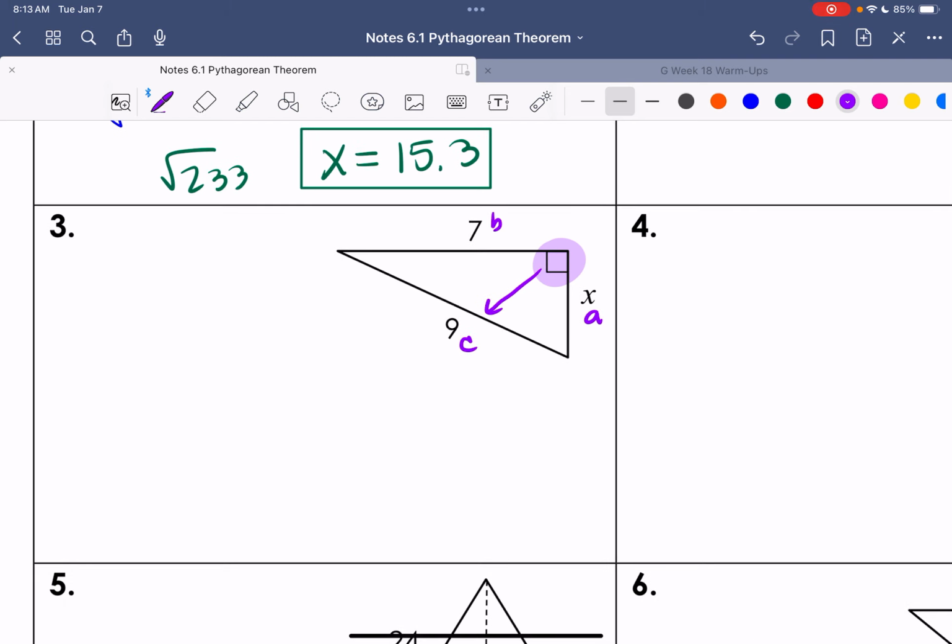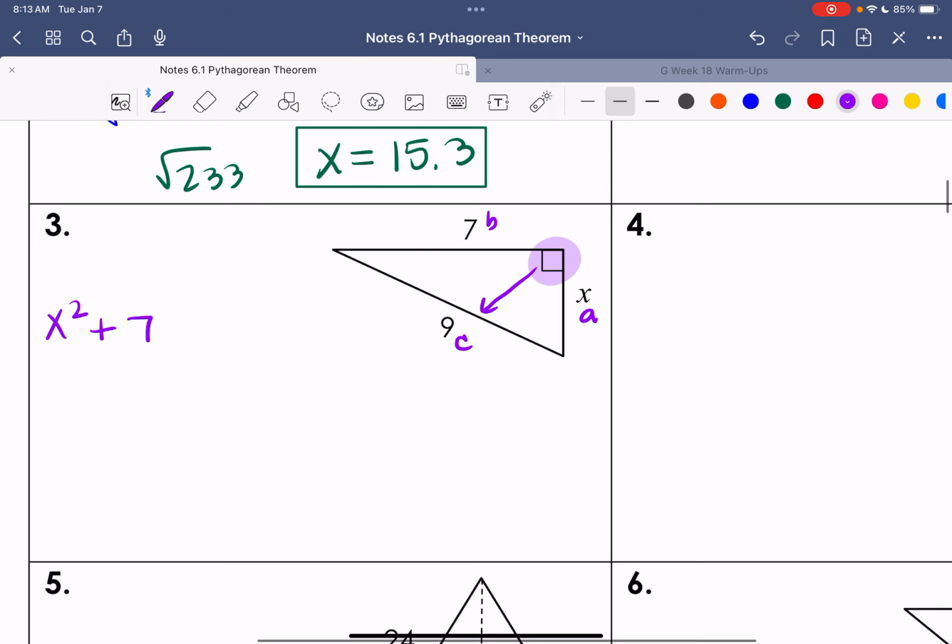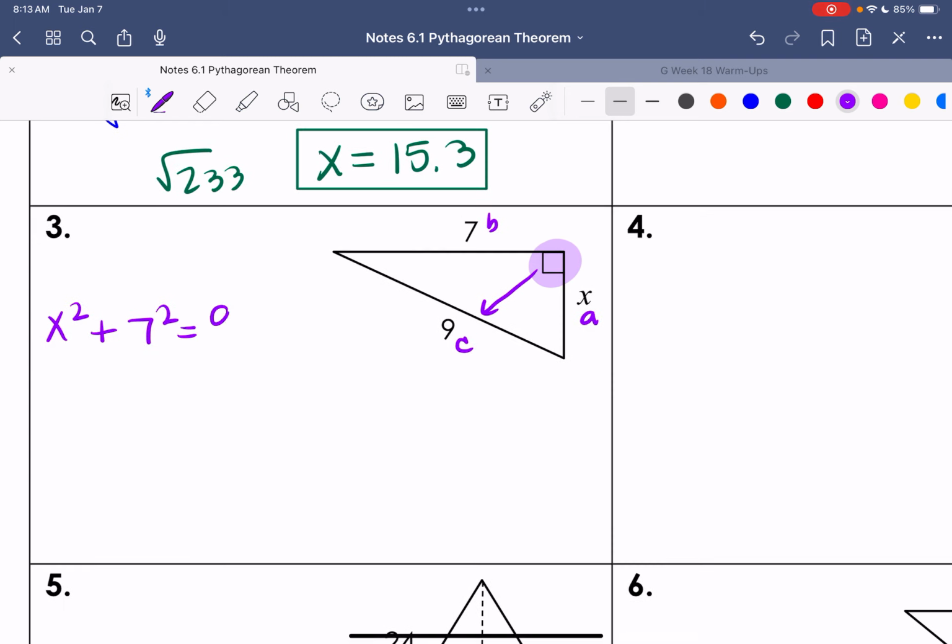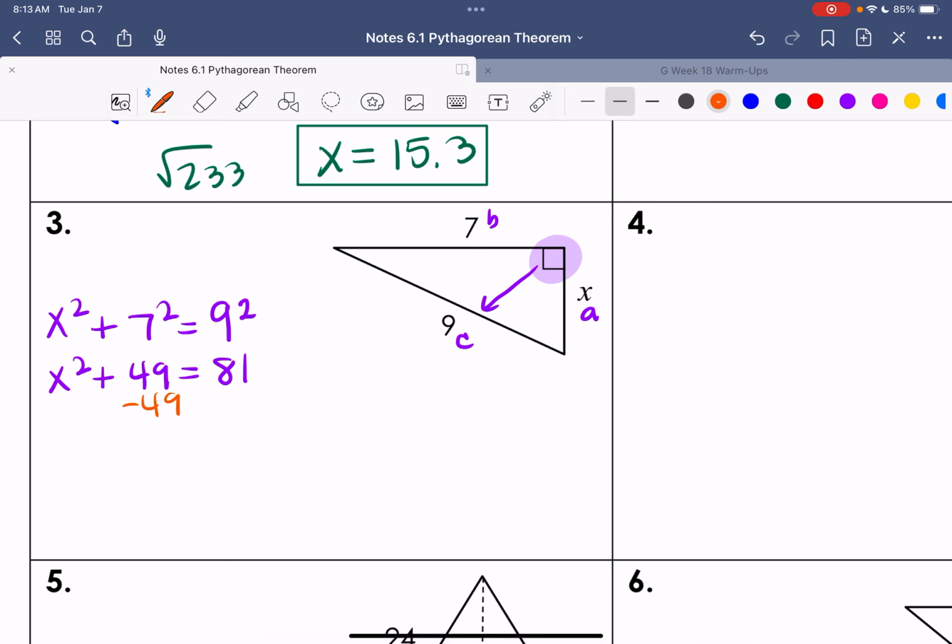So I have x squared plus 7 squared equals 9 squared. Okay, so I know that 7 squared is 49 and 9 squared is 81. I'm going to subtract 49 from both sides.